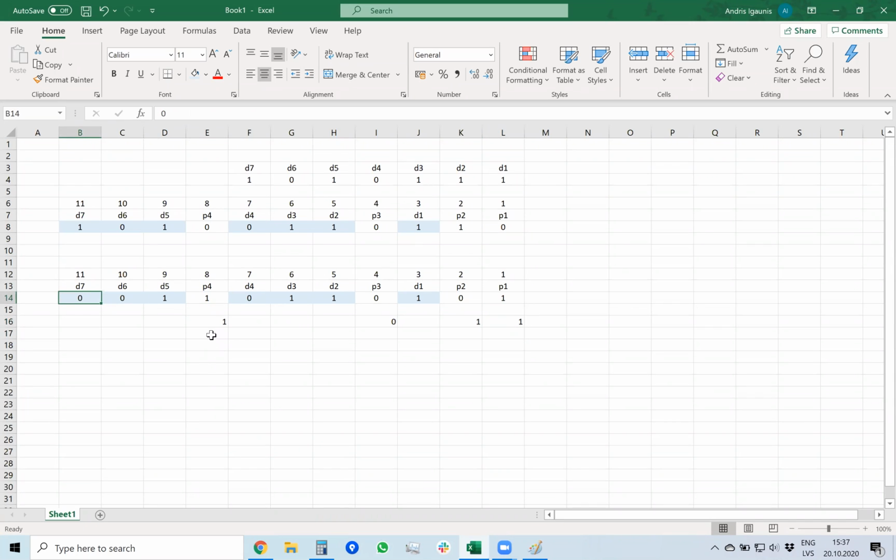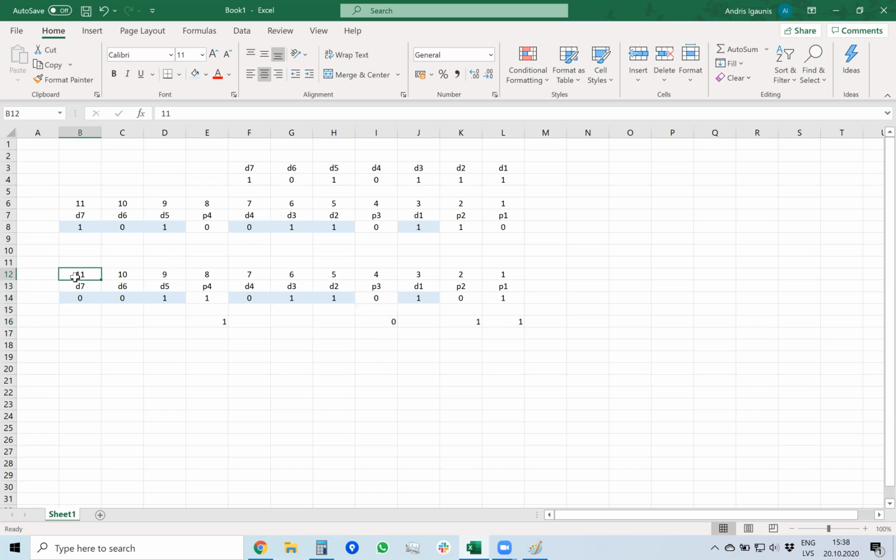Well, if you think about it, that's because parity bits number 8, 2, and 1 participated in the calculation for bit number 11. So since all 3 of them are incorrect, it must mean that bit number 11 is wrong. Because, for example, parity bit number 4 did not participate in the 11 calculation, and it is correct.